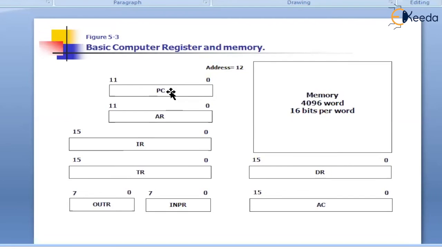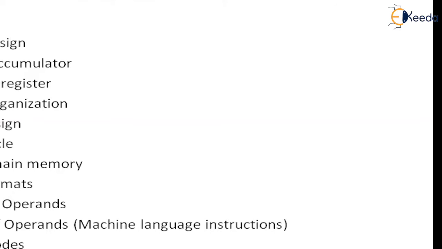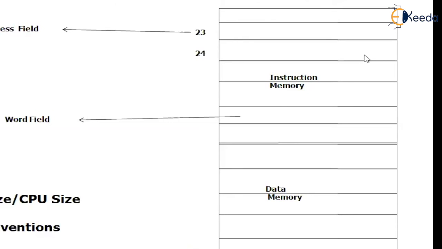Let us say this is the 23rd instruction. Let us say there is an instruction inside. This is the 23rd instruction. What will be the next instruction? The next instruction is the 24th instruction, right?